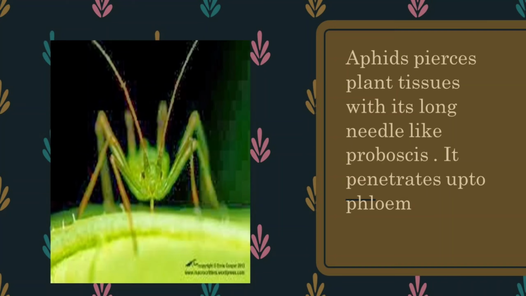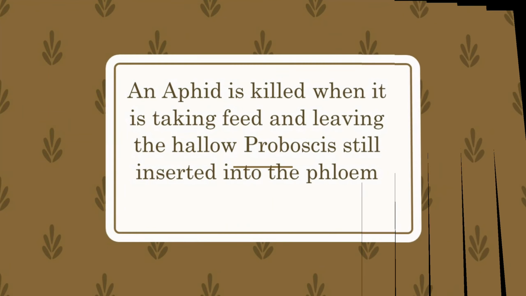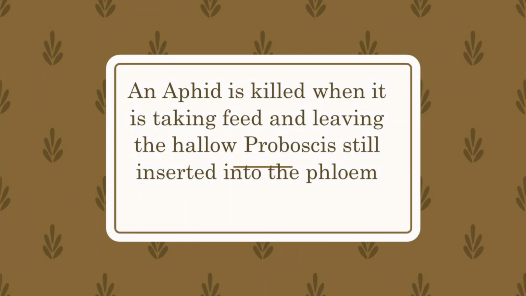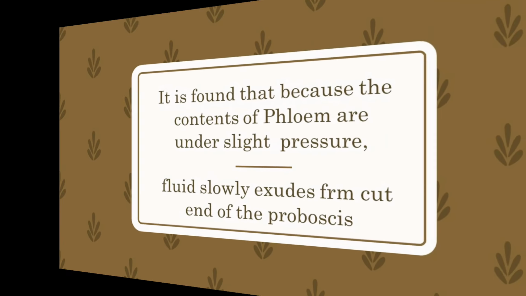Aphids pierce the proboscis into the young stems of the plant, and the proboscis reaches the phloem and sucks the phloem contents. An aphid is killed when it is taking feed. Then they will remove the aphid, leaving the hollow proboscis still inserted into the phloem.